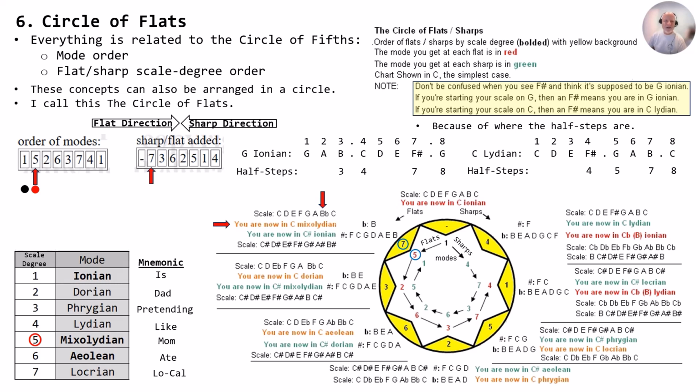And you're now in C Mixolydian mode, and there's your B flat. Okay, let's move around it now. The 2 and the 3 are circled over there in the circle of flats. That means we're at the 2nd mode, and we've flatted the 3rd, and so it's E flat. So now we are in C Dorian.